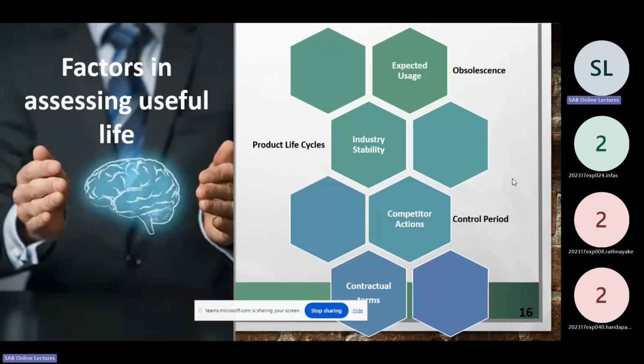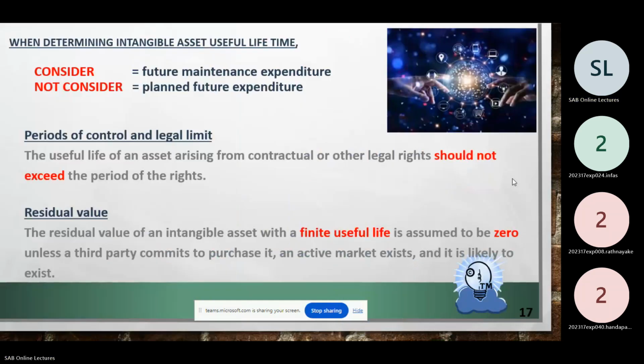Let's talk about the factors in assessing useful life: expected usage, life cycle, competitive action, control period, contractual terms, and industry stability. We can recognize these as the factors in an asset's useful life.